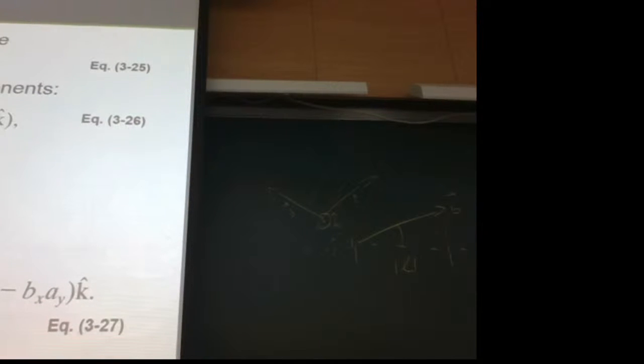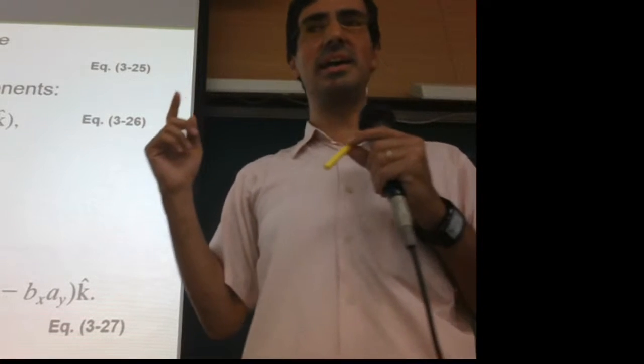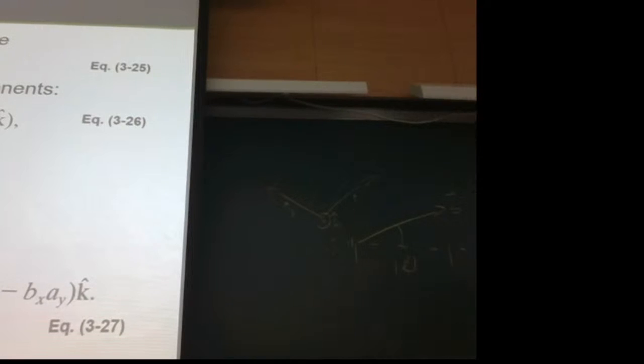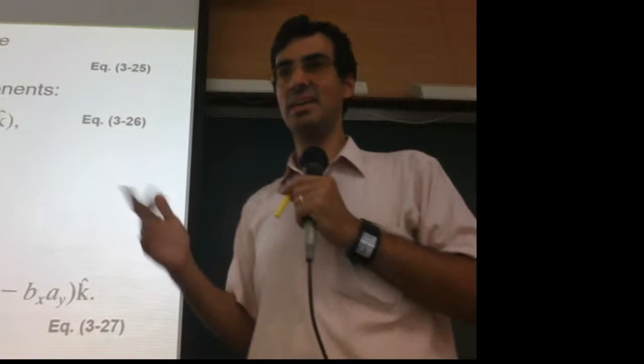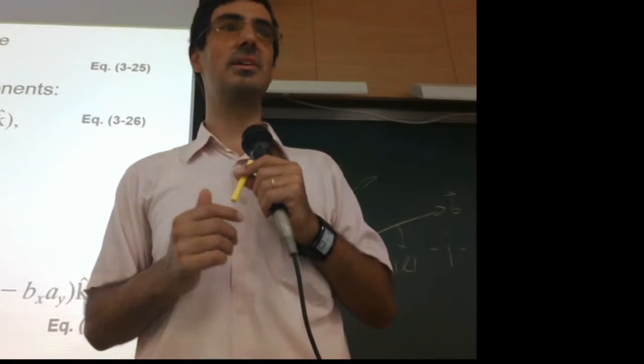And so now I have only done this one. And I've gotten components that are ax, that are in k and in j direction. So this is the weirdness because I am using the x and y components to get the k component, the vector in k direction.